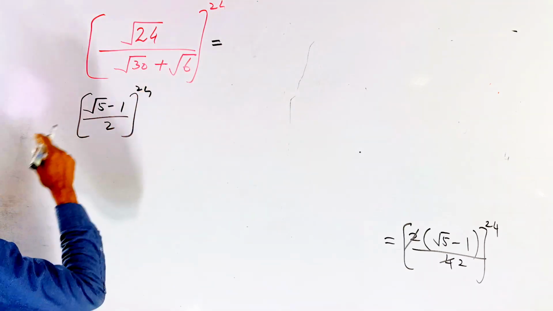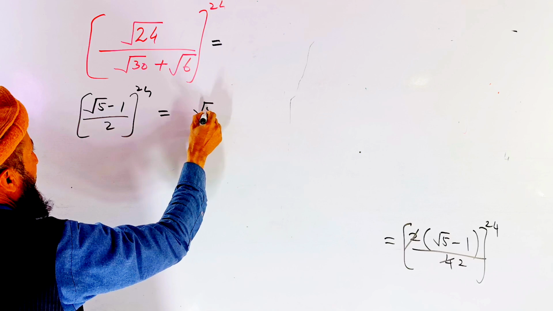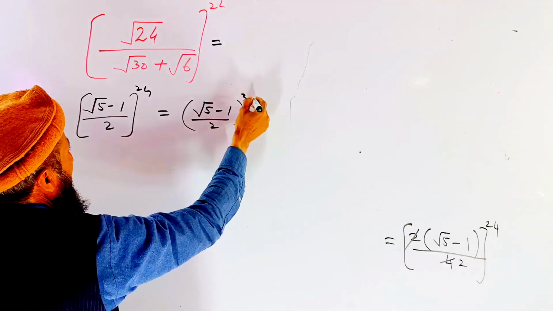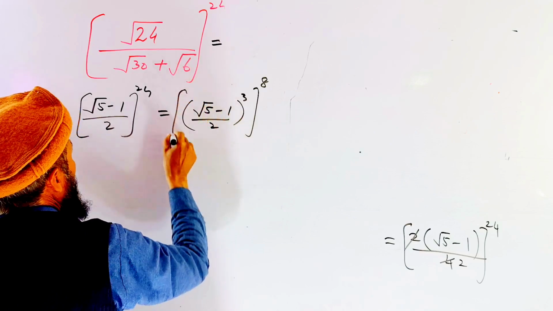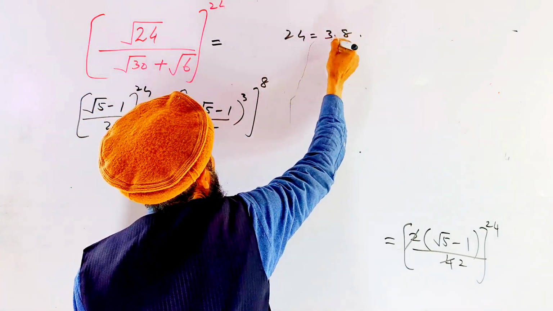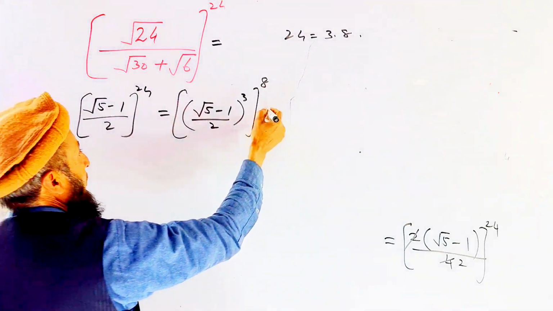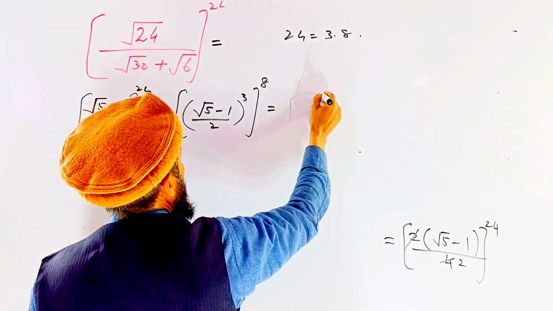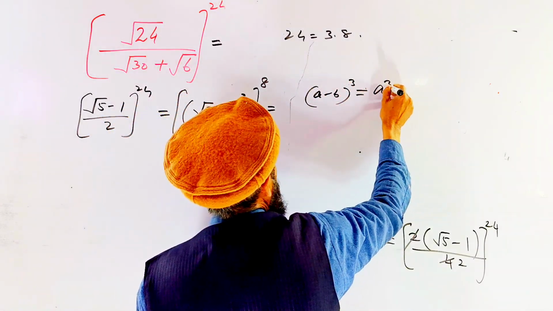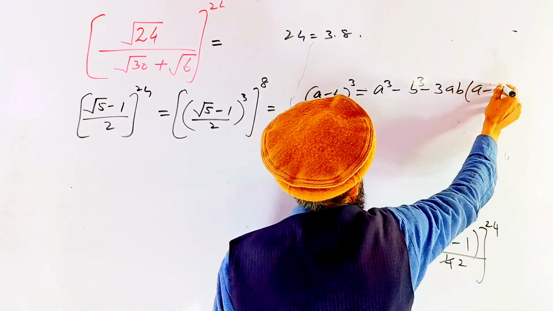Now, according to the cube formula, we can write ((√5 minus 1) divided by 2) whole cubed, and 24 is equal to 3 times 8, so we get the exponent 8. Here we use the formula (a minus b) cubed is equal to a cubed minus b cubed minus 3ab times (a minus b).